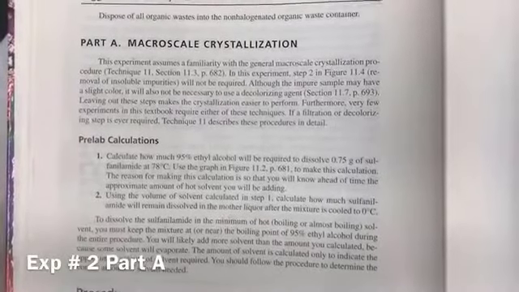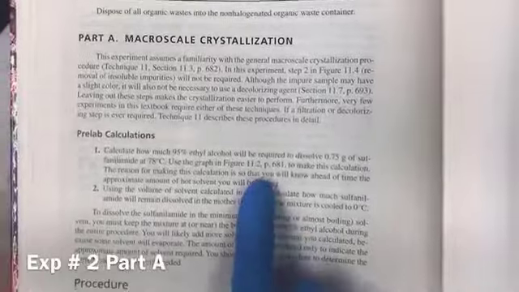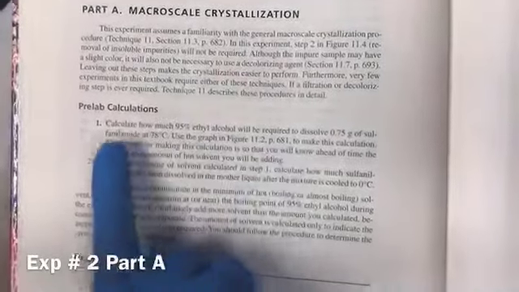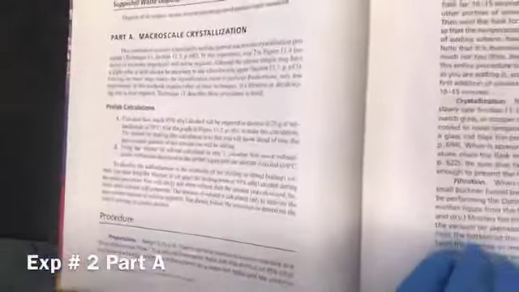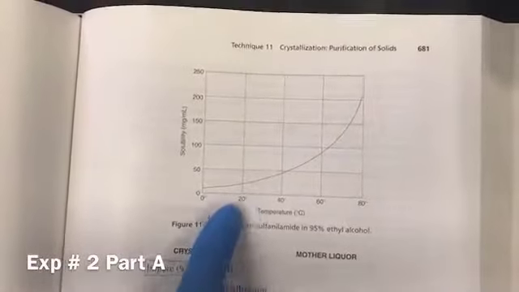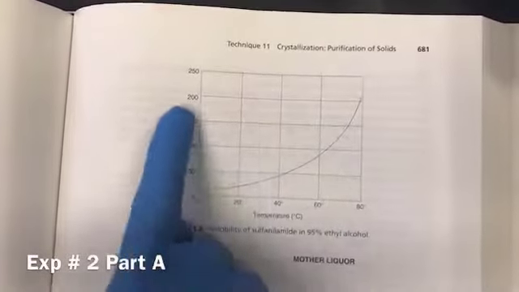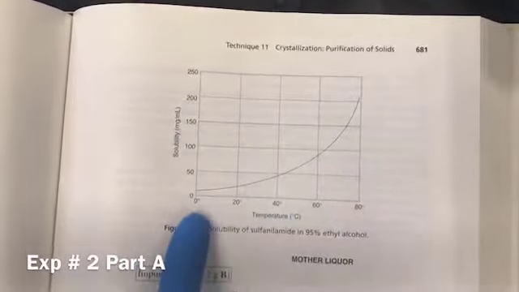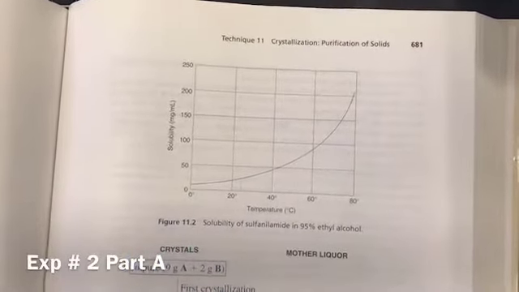Just to have an idea, I have used this graph, which is on page 681 in your pre-lab calculations. This is a graph between temperature and solubility. At 78 degrees centigrade, which is the boiling point of ethanol, you will calculate how much boiling ethanol is needed for the sulfanilamide.